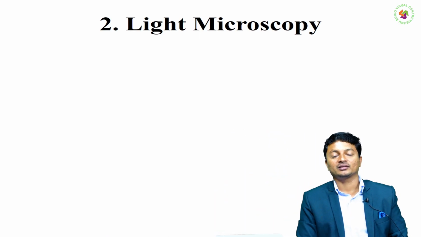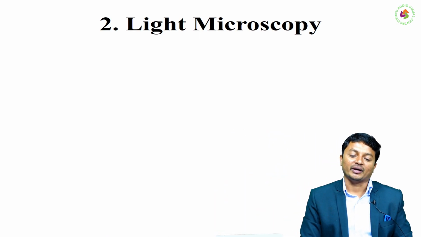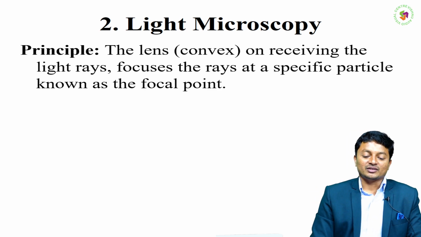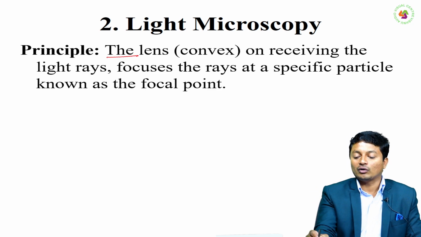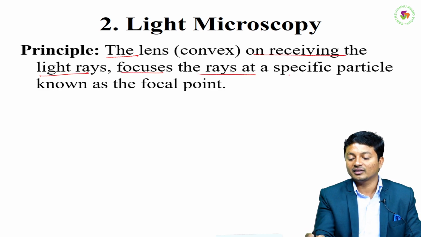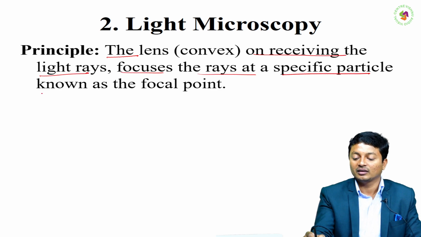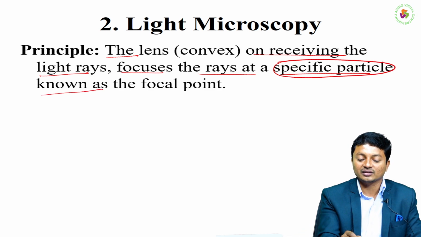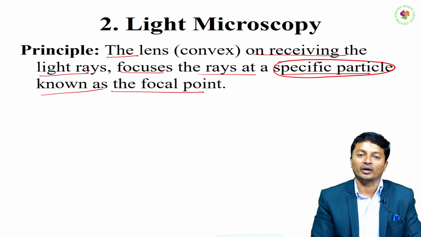Second property, now we'll discuss microscopy. This microscopy works based on the principle that the lens, on receiving the light rays, focuses the rays at a specific particle only. This is known as the focal point.